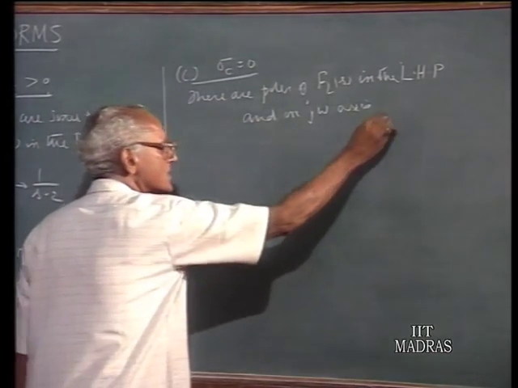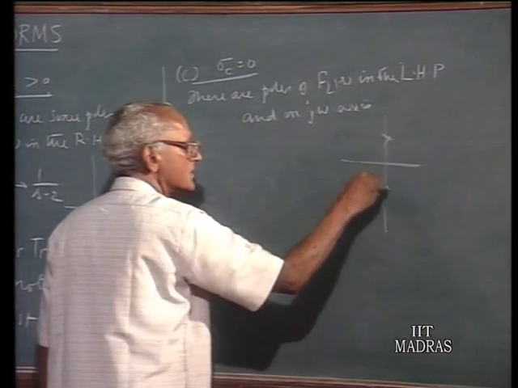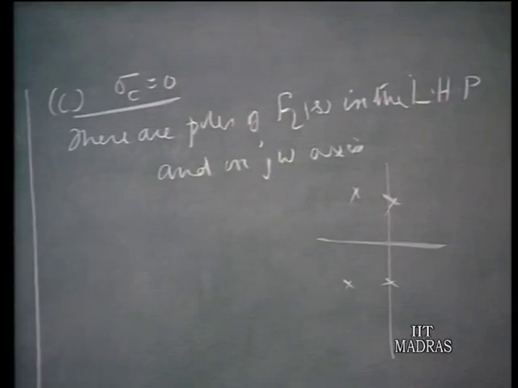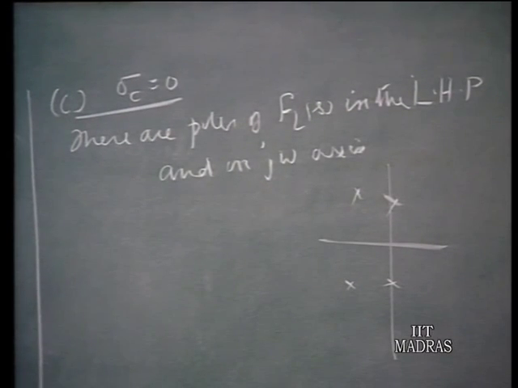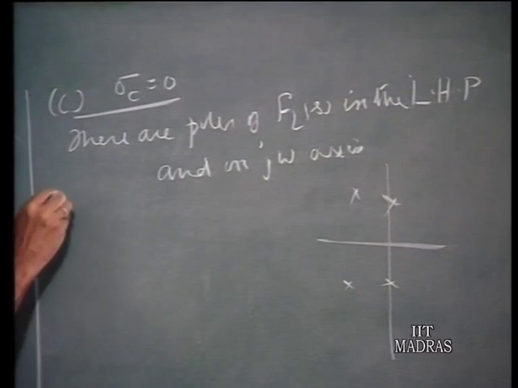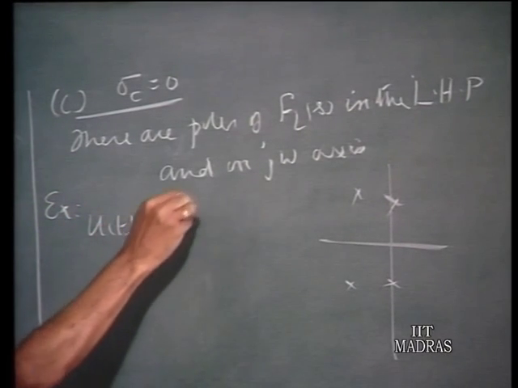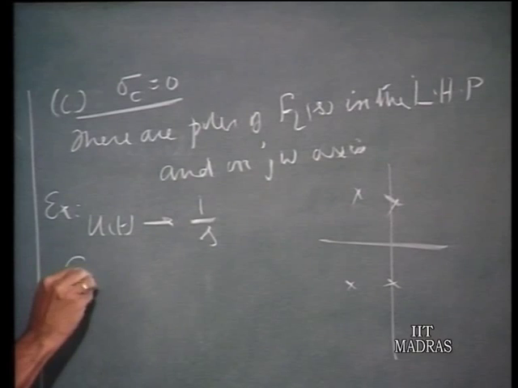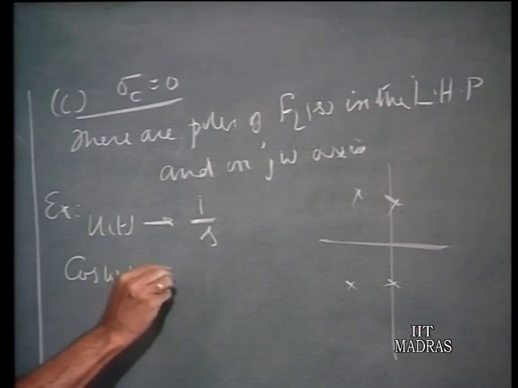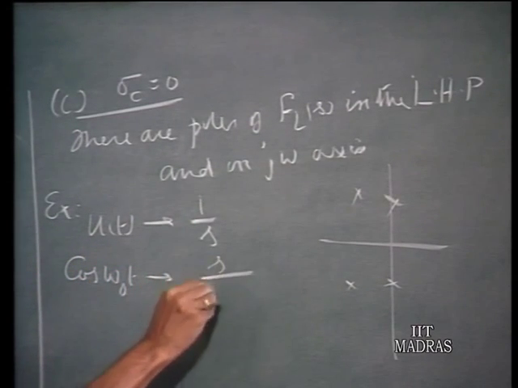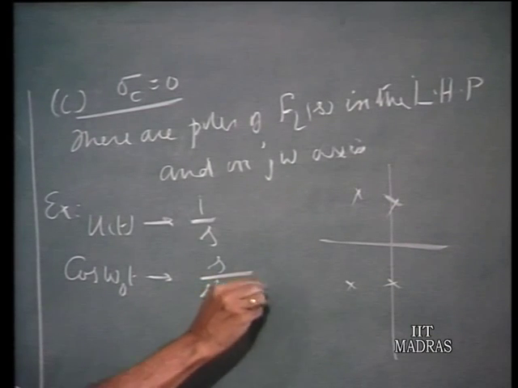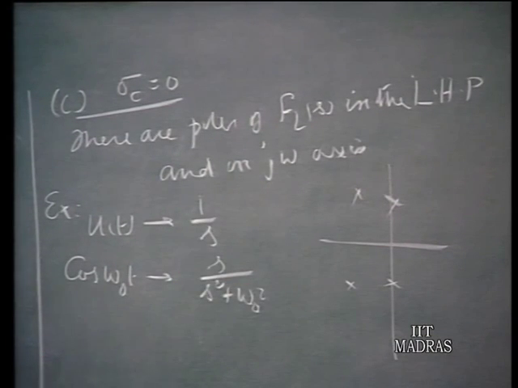The abscissa of convergence is 0 because you have poles on the imaginary axis as well. Example, u(t) has 1 over s, and cos omega naught t has s over s squared plus omega naught squared. So all these are cases where you have poles on the imaginary axis. What do we do in such cases?